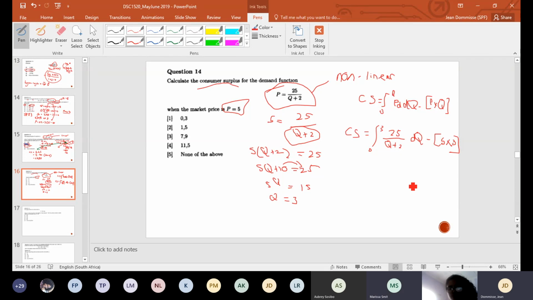Okay, so you can accept that the demand function, P equals 25 over Q plus 2, is already the integrated function? You don't have to. Well, how do you know that though? Okay, so no, let's do this. You still need to integrate this function. Okay, you do. Cool, then we're on the same page. Okay, that answers my question.